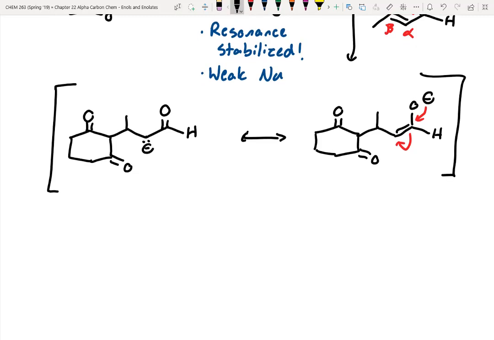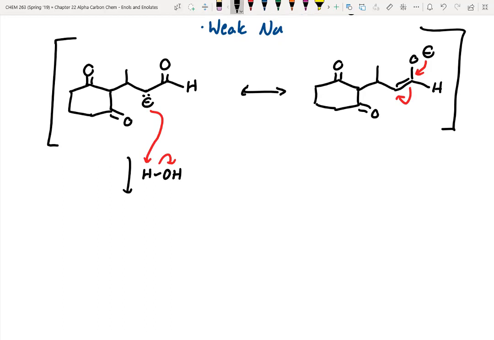But normally you quench these reactions with water. So we can have water donate a proton to that alpha position. To get to our final product.